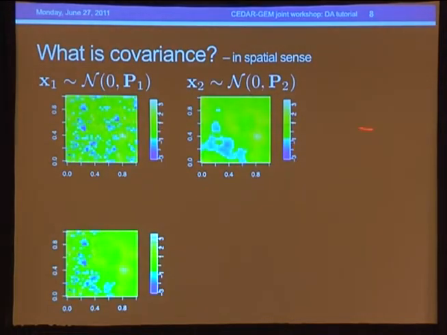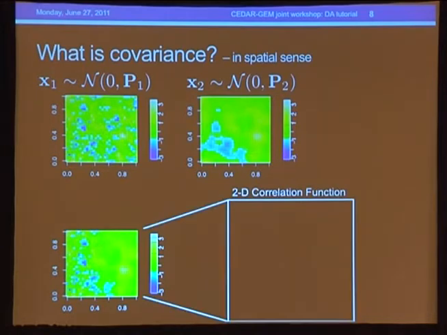So this is a stationary case, where the covariance is the same everywhere, and you get these kinds of random fields. The correlation length scale is different between them, but the correlation is the same within the domain. Then I created this random field, which is a combination of those two, and let's estimate the 2D correlation function.